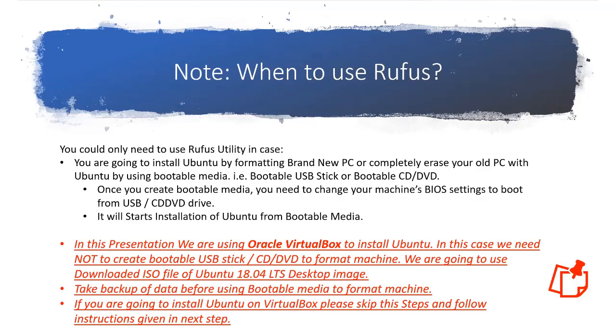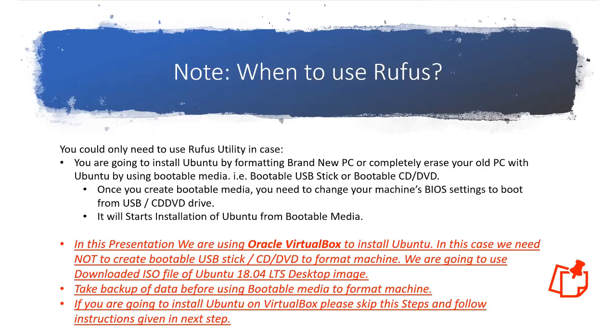In this presentation, we are using Oracle VirtualBox to install Ubuntu. In this case, we need not create a bootable USB stick or CD/DVD to format a virtual machine. We are directly going to use the downloaded ISO file of the Ubuntu 18.04 LTS desktop image. Please note, take a backup of data before using bootable media to format your machine.